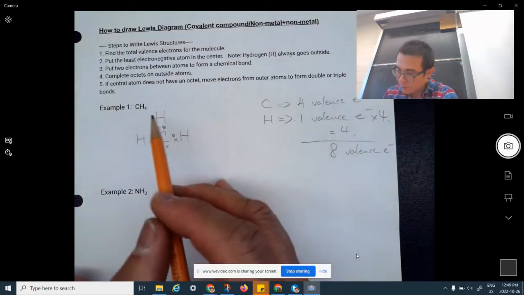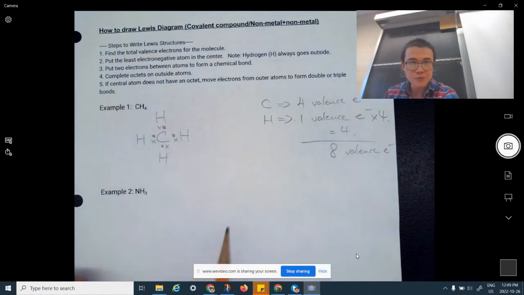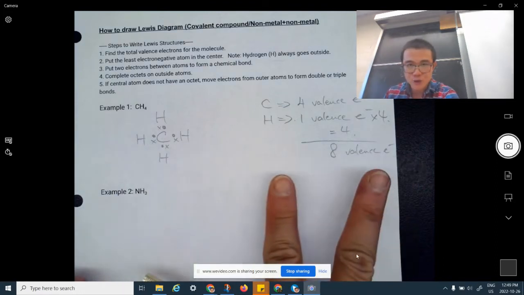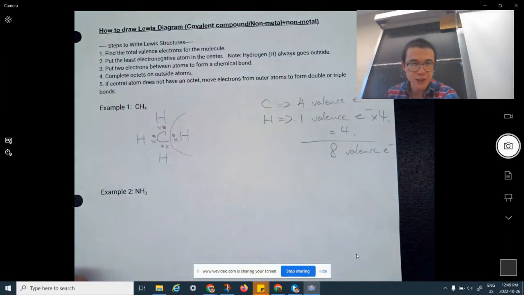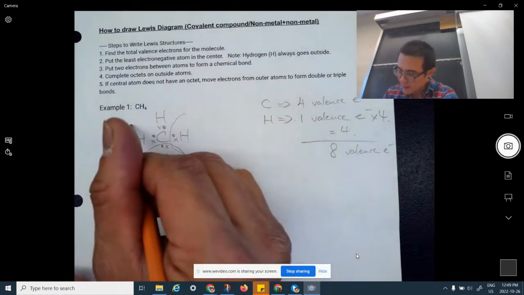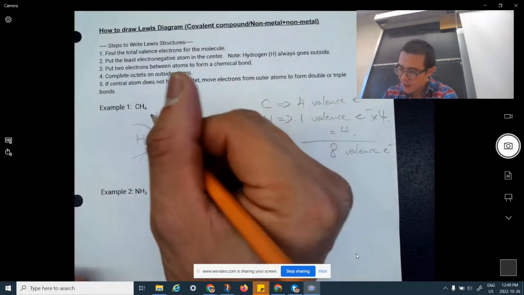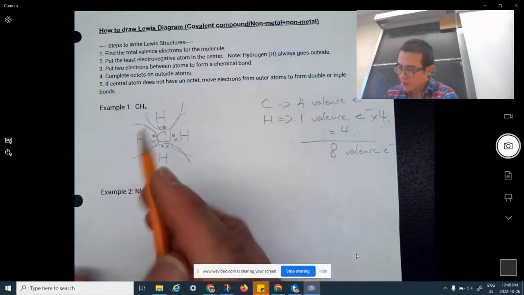So if we look at the hydrogen, to have a full shell, it only needs 2. So this hydrogen, it's happy, has a full shell. Same thing for this hydrogen, this one here, and this hydrogen here. So all the hydrogens are happy because they all have a full shell.